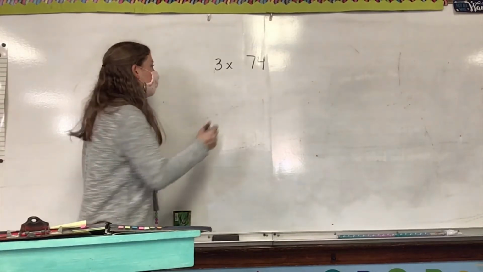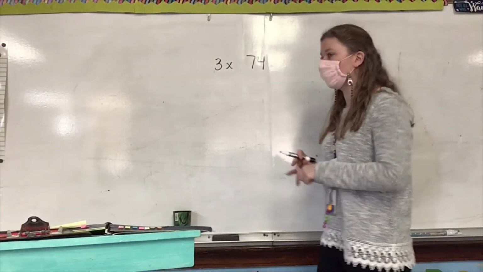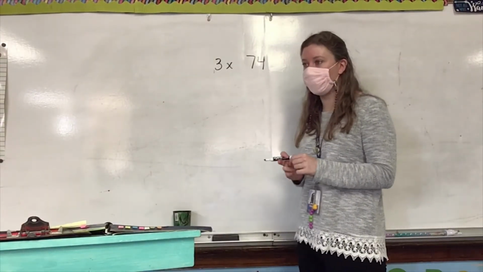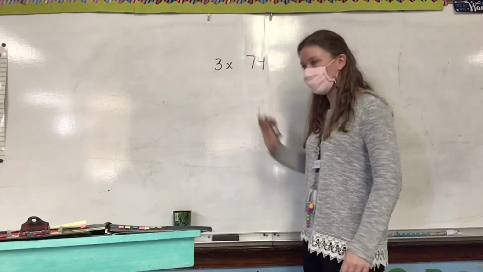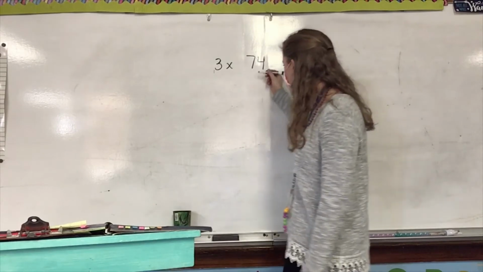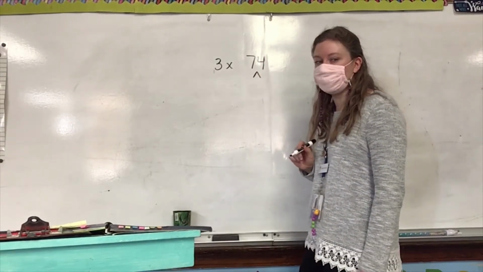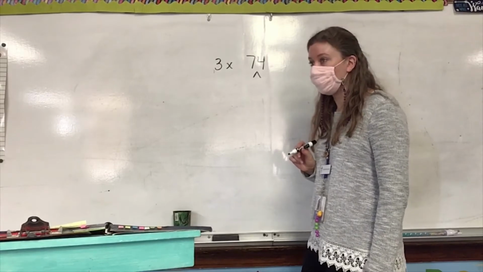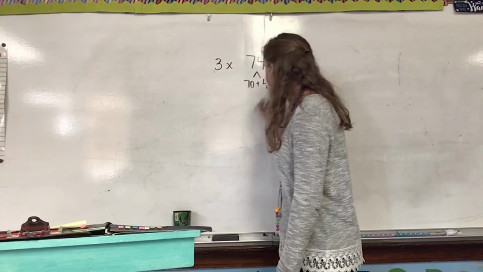Expanded form. So Victoria, which factor, 3 or 74, do we decompose into expanded form first? The larger one. Which one is that? 74. And what does 74 look like in expanded form? 70 plus 4.